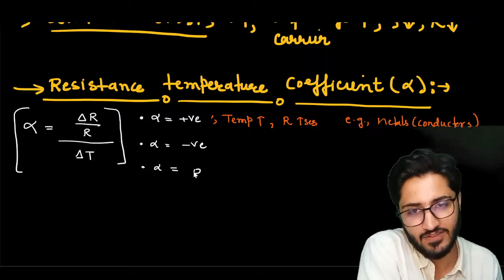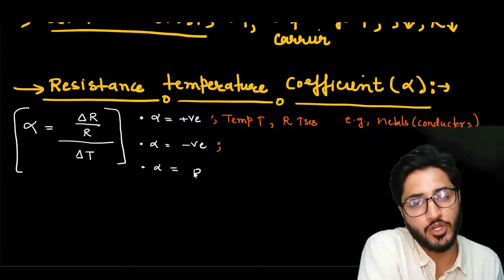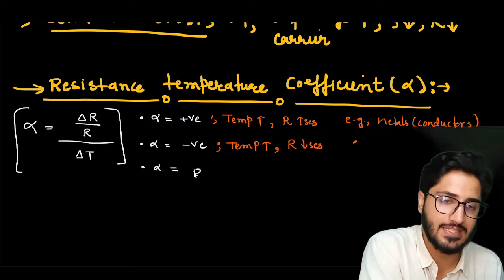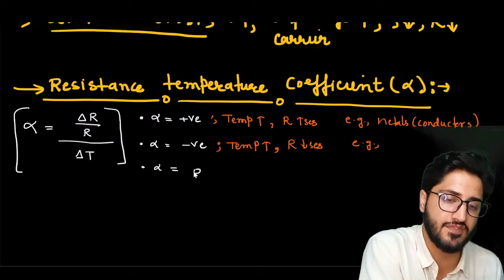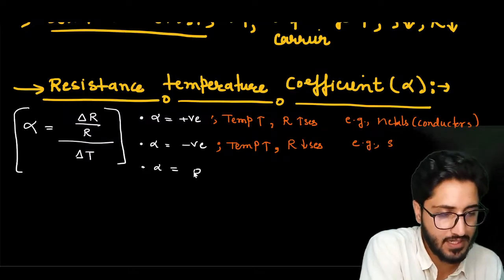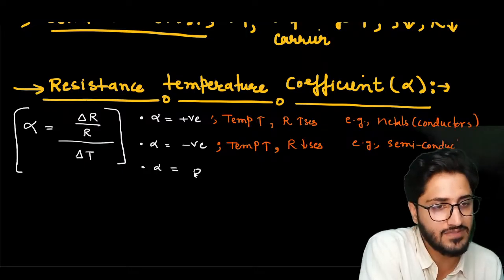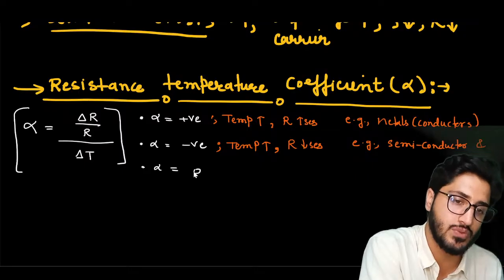Then second one, alpha negative means if you are increasing the temperature, resistance decreases. I guess this property matches with semiconductors. Yes, it is semiconductor as well as your insulators.